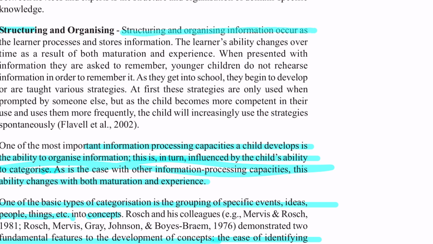The learner's ability changes over time as a result of both maturation, that is, we become mature, and experience. We know how to store the information, how to remember any kind of information.